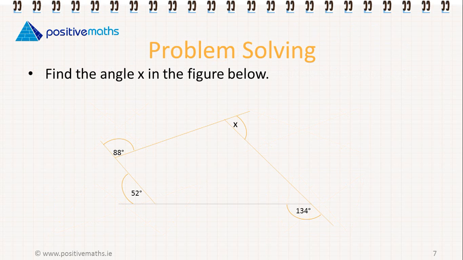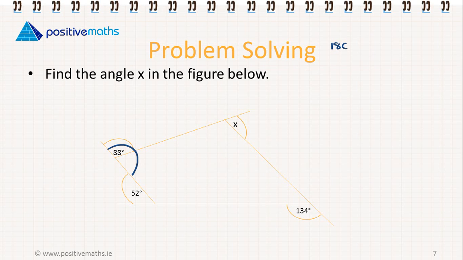Now let's look at a problem-solving activity. We want to find the angle x in the figure below. We're going to use some of the rules that we know already from angles to do this. If we look at our 88 degrees first, this is on a straight line. Because it's on a straight line, we know that the full angle marked in blue is 180 degrees.